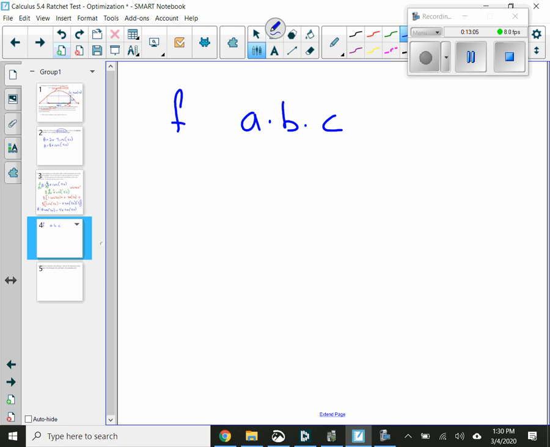I'd have to do u v z prime, so I'd have u prime v z plus u v prime z plus u v z prime to solve this product if I was taking the derivative.